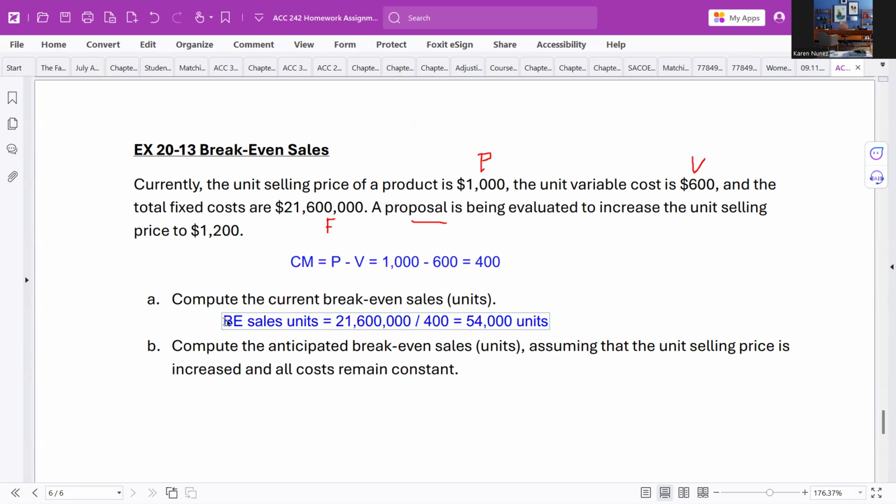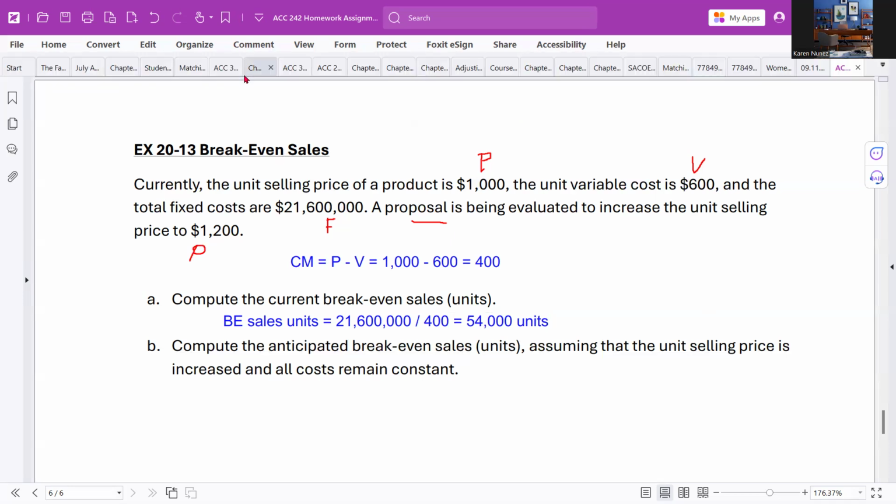Now, if we're looking at a proposal to increase the unit selling price, what's going to be the new break-even point? How's that break-even point going to change? The first thing we need to recognize is that we've got a new P. This new P is going to be 1,200.